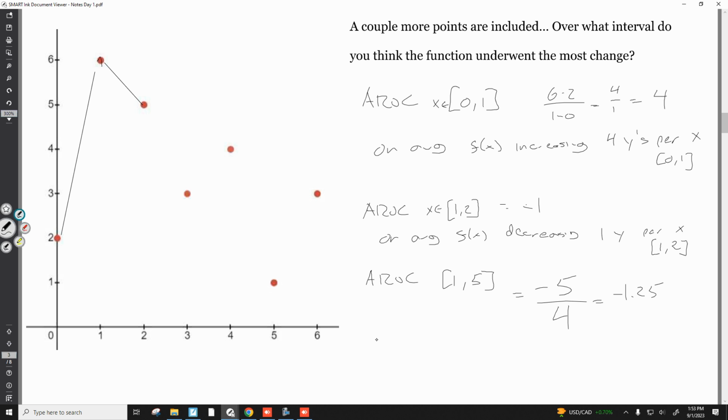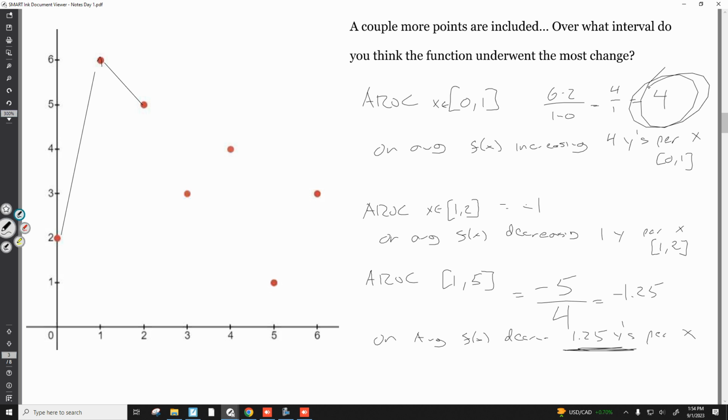And you can now say, on average, my function decreases just 1.25 y's per x. That is not bigger than 4. And we have comparable values because we're finding slopes and a unit rate, a y per 1x. Cool.